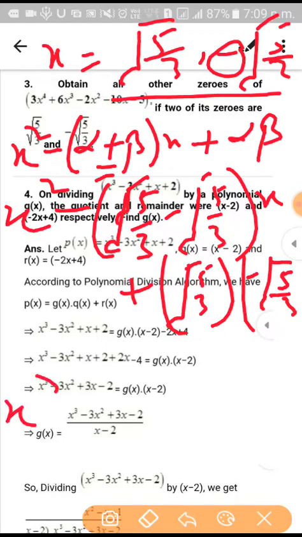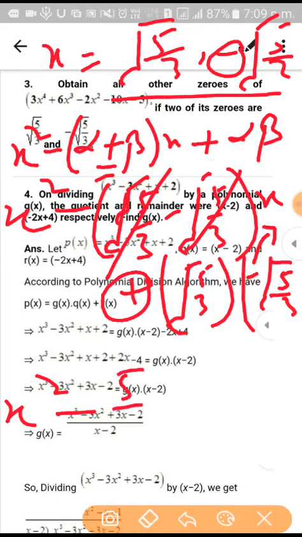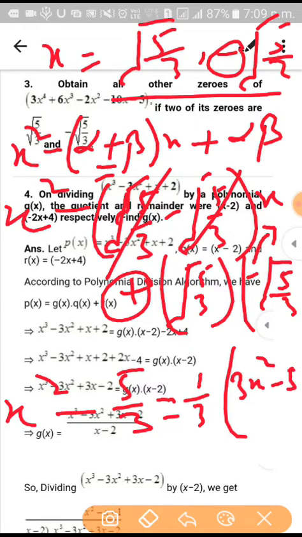We will get x square, plus root 5 by 3 minus root 5 by 3 is gone, this is 0. Then minus root 5 by 3 into root 5 by 3, that is minus 5 by 3. This polynomial I can write taking 1 by 3 common, so that is 3x square minus 5.